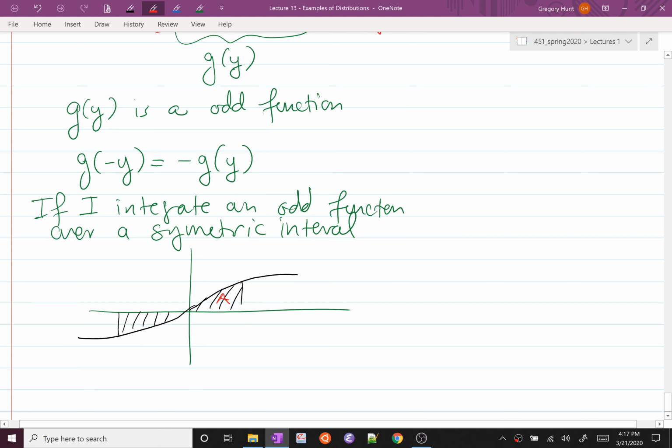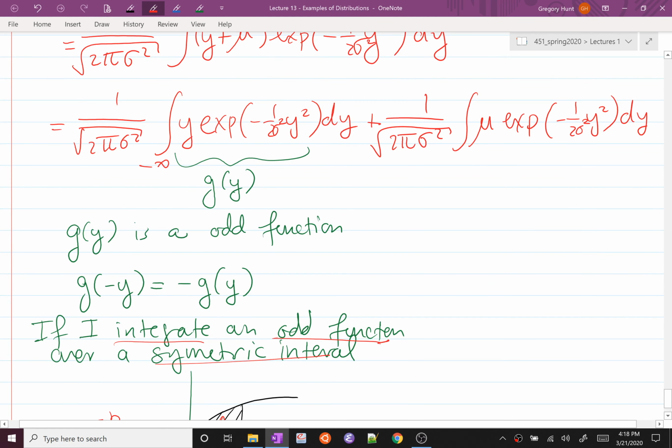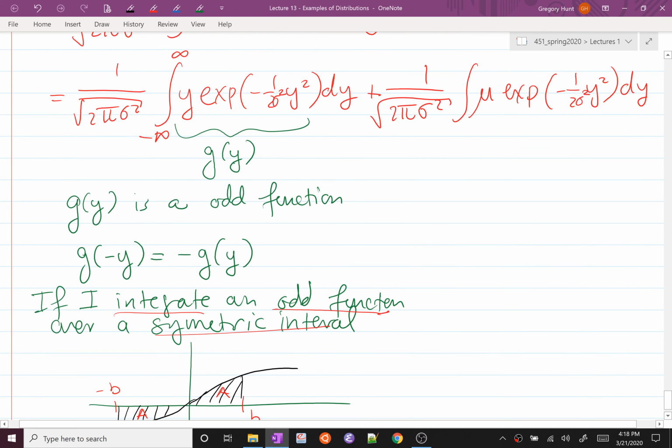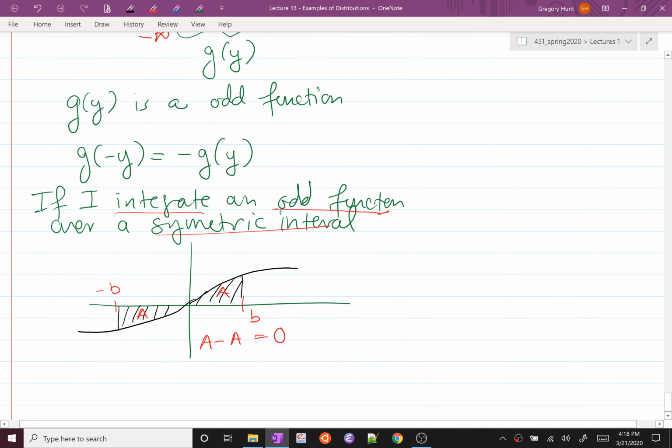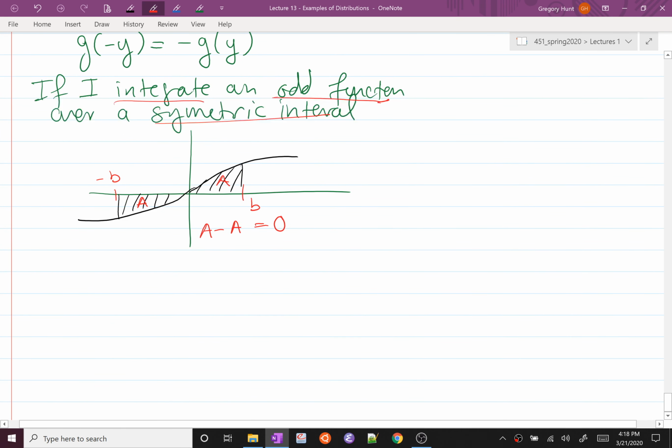So this area here is going to be the same area as there, and so I get minus a plus a, and my integral is 0. So if I integrate some kind of odd function like this over a symmetric interval, say negative b to b, I'm going to get 0. And so I'm integrating this thing over negative infinity to infinity. I'm integrating an odd function over a symmetric interval, and so my first integral is 0. That first term turns out to be a big goose egg. Nothing.